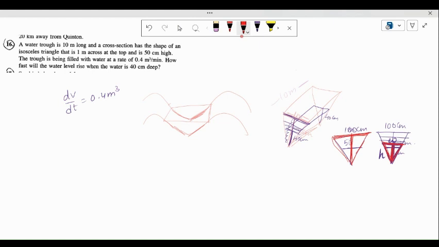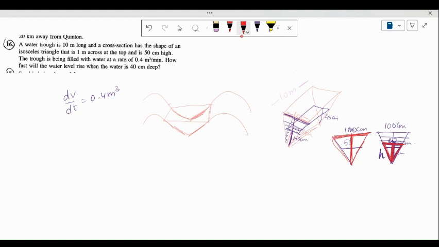There are corresponding sides and corresponding heights. The corresponding sides are in the same ratio, and at the same time corresponding heights are also in the same ratio in similar triangles. These two are similar triangles, right? So that ratio will be equal.